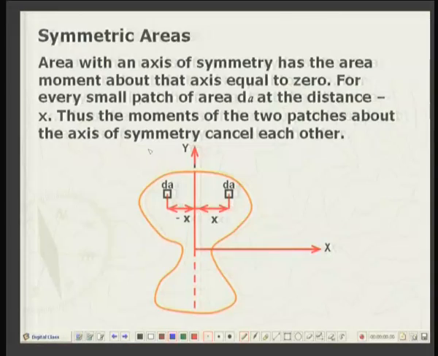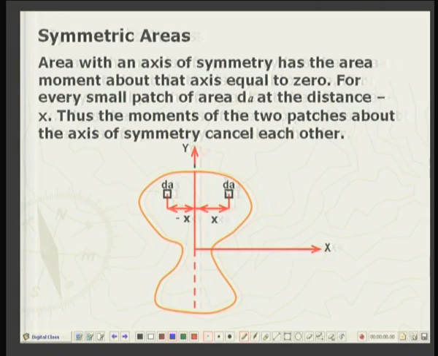and then we will come to the centroid. For example, I want to find out the first moment about y axis, and y axis happens to be the axis of symmetry. Suppose I choose a small infinitesimal area dA, then as I have said, due to its mirror image, there will be a corresponding area dA on the left side.